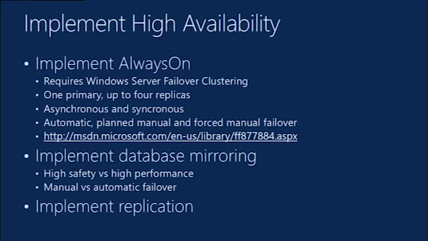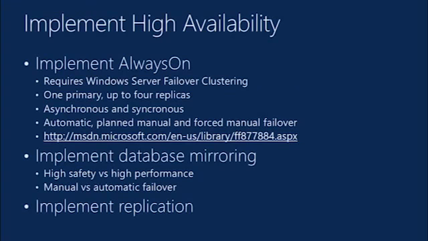Because just like clustering, I'm going to have a shared IP address, a shared name that everybody can point to. But unlike clustering, where I've got the one dedicated set of disks, with Always On, I have my databases that are going to be mirrored between all of the servers in Always On.